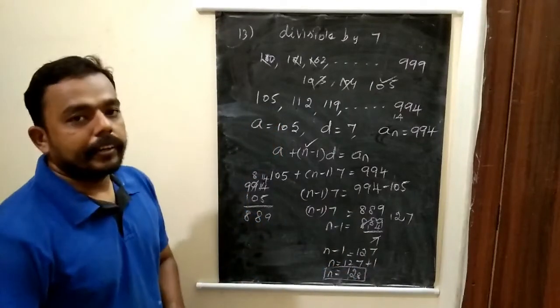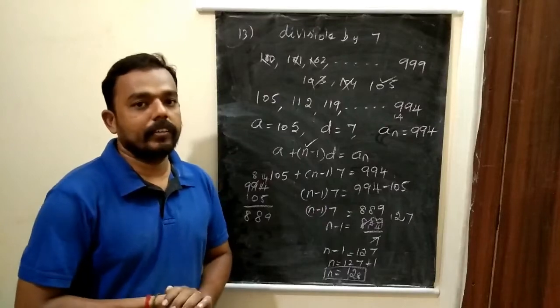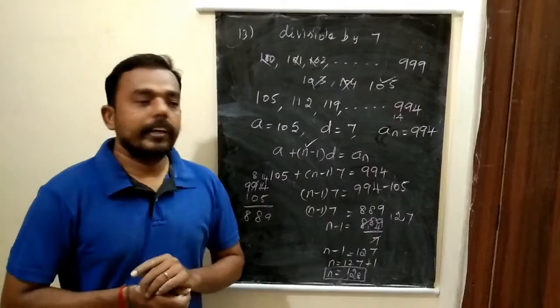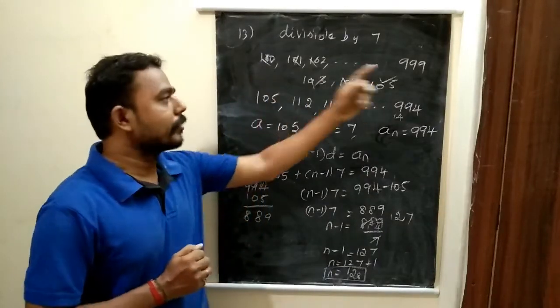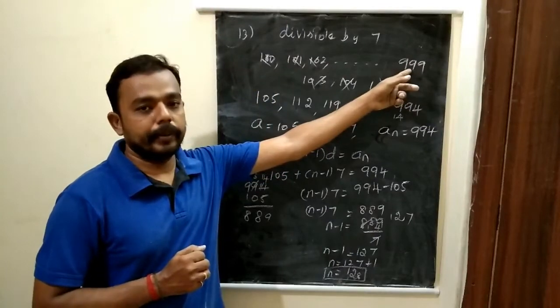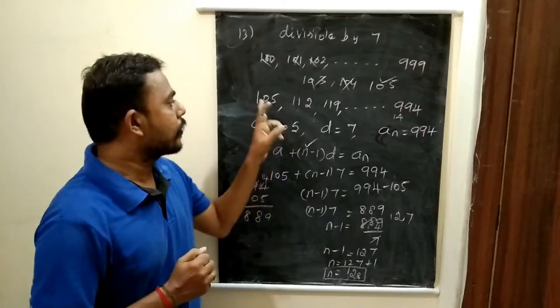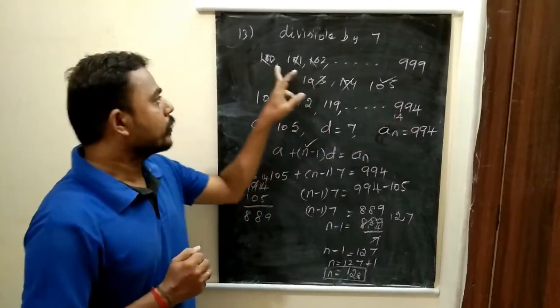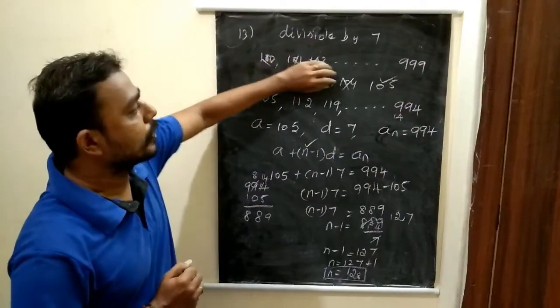So how many numbers? The number should be divisible by 7, but it should lie between 100 and 999, because the starting 3-digit number is 100 and the final 3-digit number is 999. So we need to write from 105 to 994, because 100 is not divisible by 7, nor 101, 102, 103, 104.